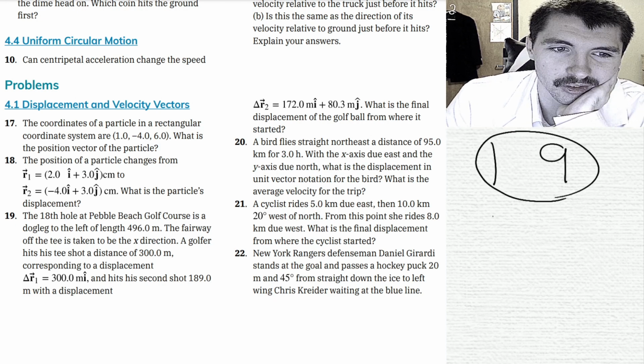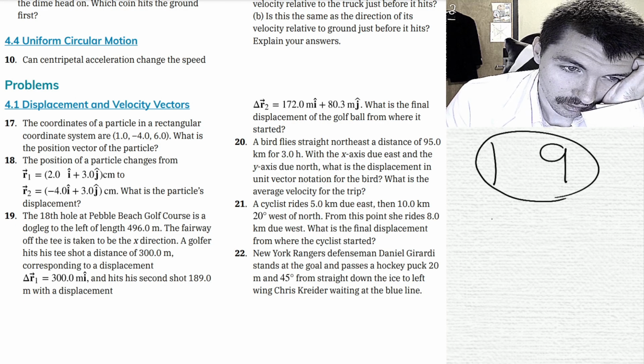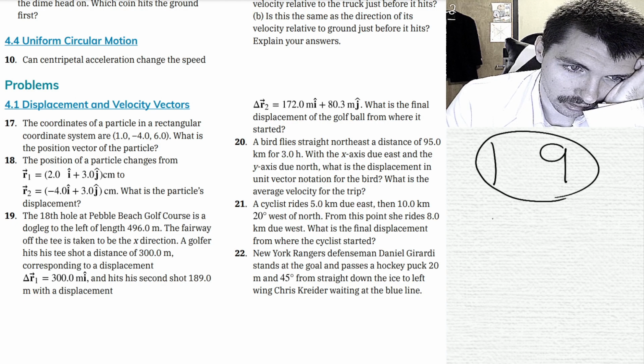19. Okay. 18th hole golf course is a dog leg. Never heard of that. To the left of length. I don't even know what this is saying. 18th hole at Pebble Golf Course is a dog leg to the left.